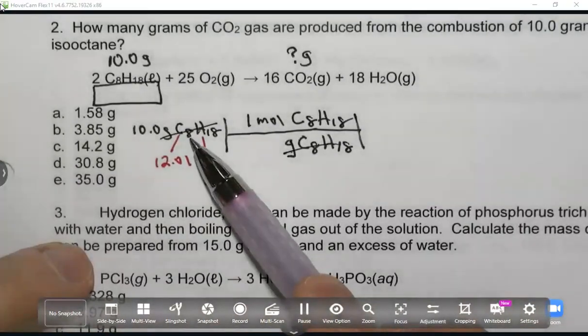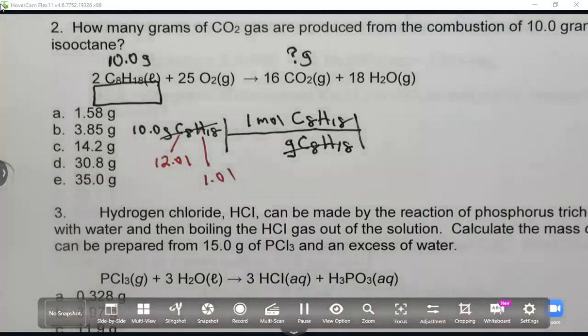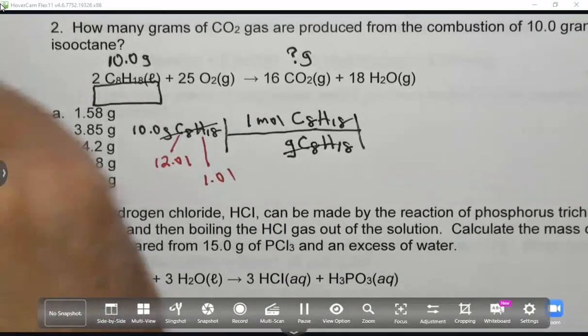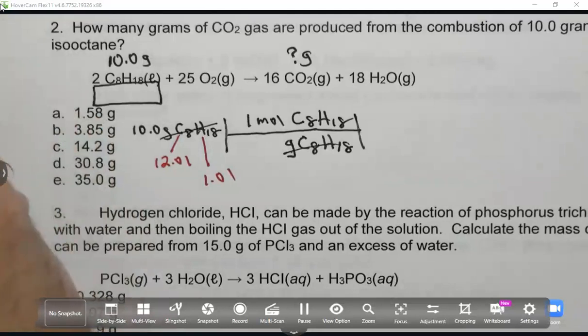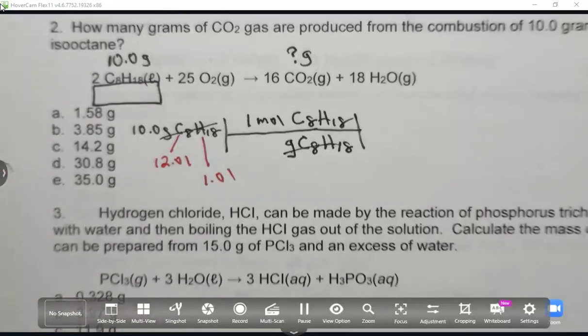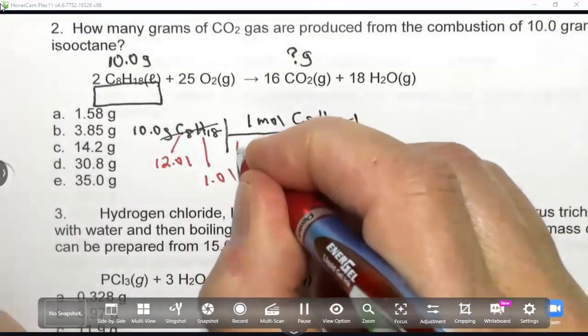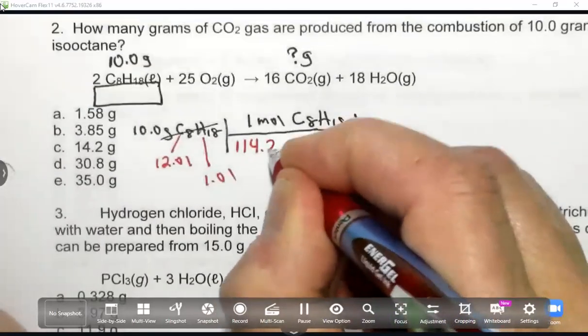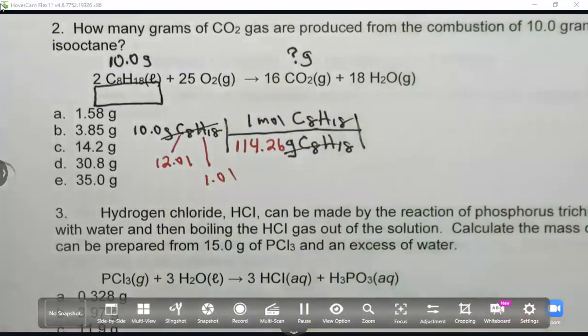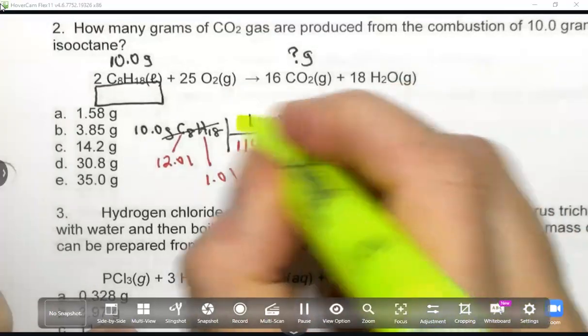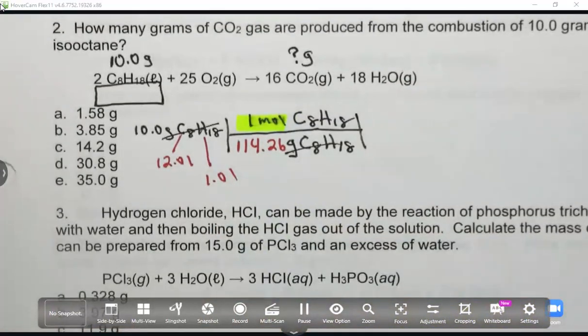So we're going to have 12.01 times 8 is 96.08, plus 18.18. I think we get 114.26. Anybody get 114.26? Thank you. 114.26. Now, how many moles? 1 mole, right?